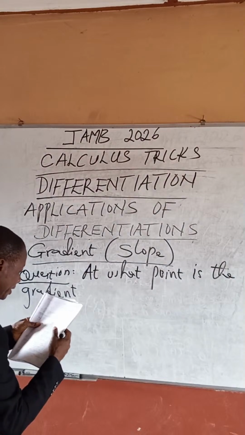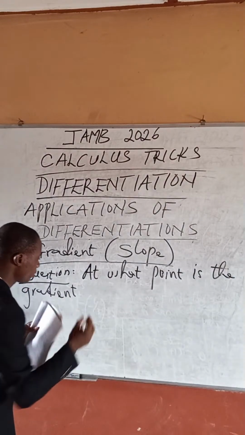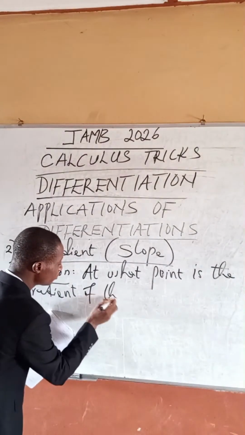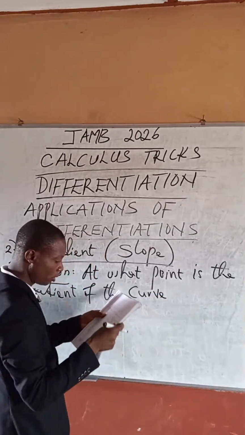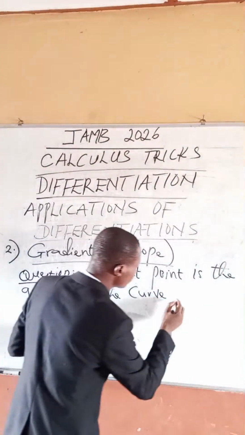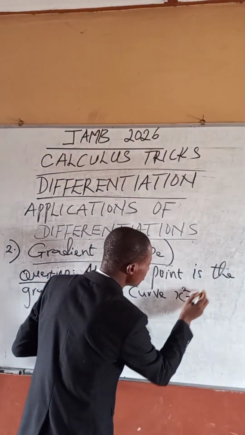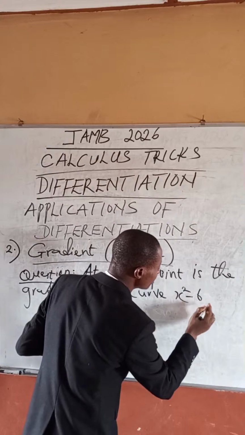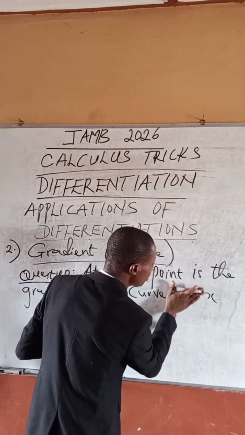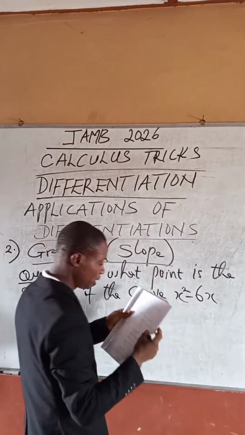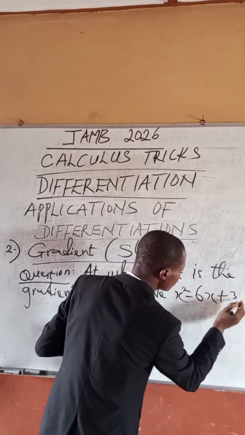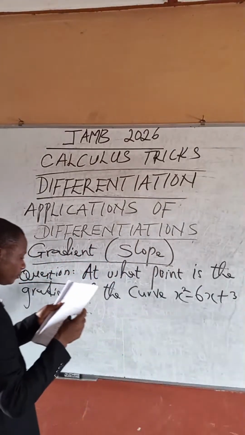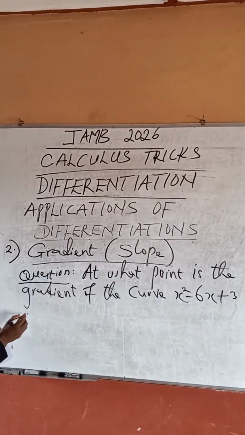At what point is the gradient of the curve x squared minus 6x plus 3 equal to 0?